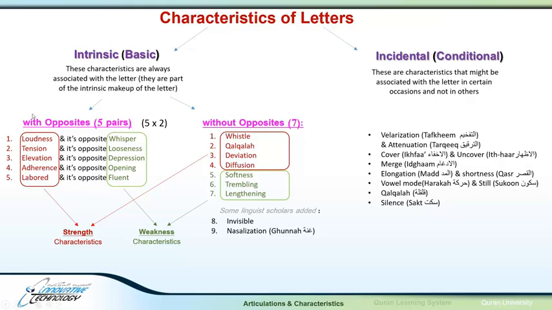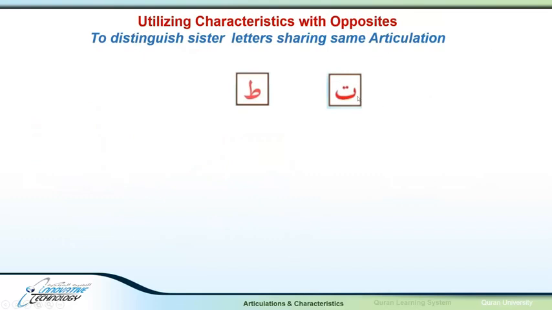We start first by explaining the characteristics with the opposites, those 5 pairs. And in order to do that, we're going to take 2 similar letters that share the same articulation and start to compare them using the 5 pairs of characteristics. So we have here in front of us the ta and the ta, and from the perspective of elevation, the first is considered an elevated character, while the second is considered a lowered character.